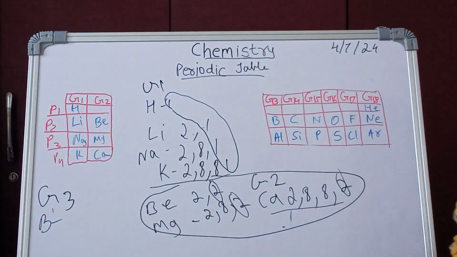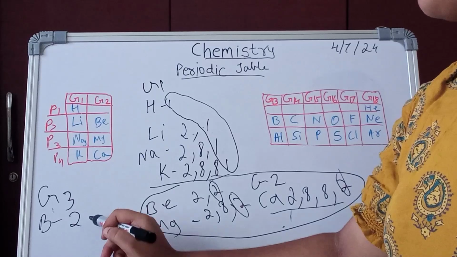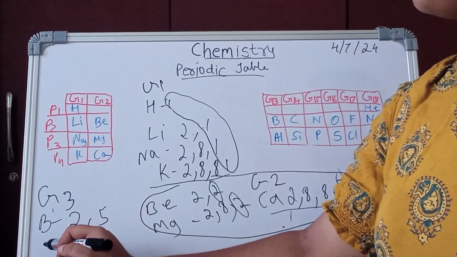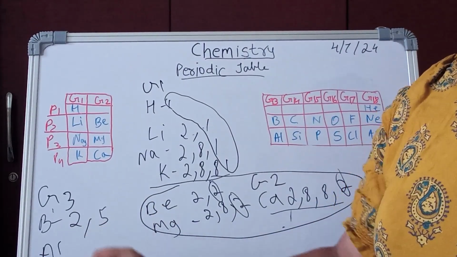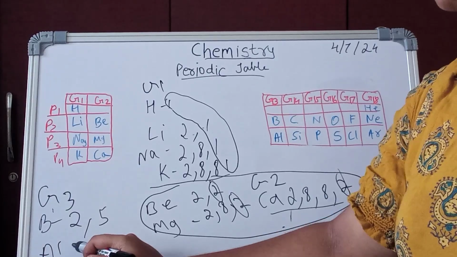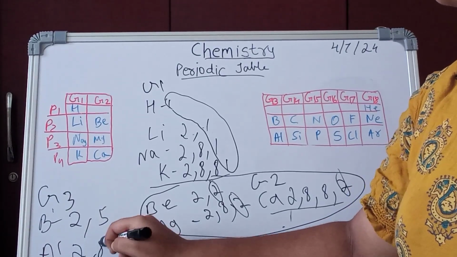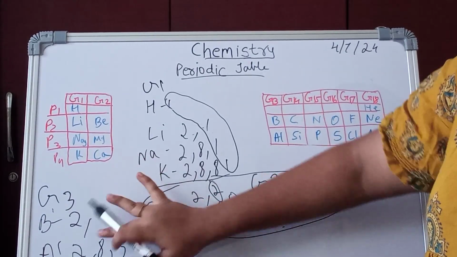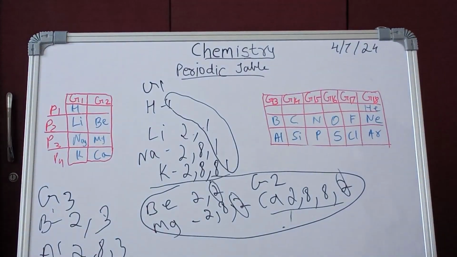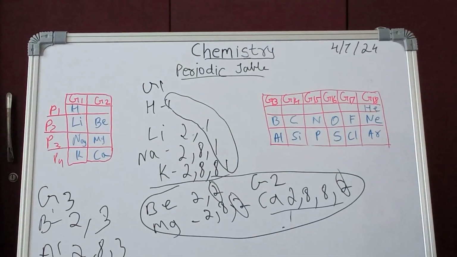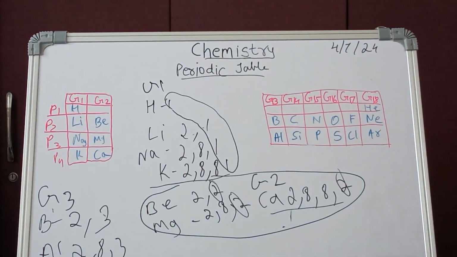What is the atomic weight of boron? It's 5. So 2, 3. Sorry, not atomic weight, atomic number. Aluminium, it's 13. 2, 8, 3. Okay. So the same thing carries forward. Now you may have a small doubt because it's group 13, but the valence electron is 3. But how are they? Here you have to learn a very important thing.